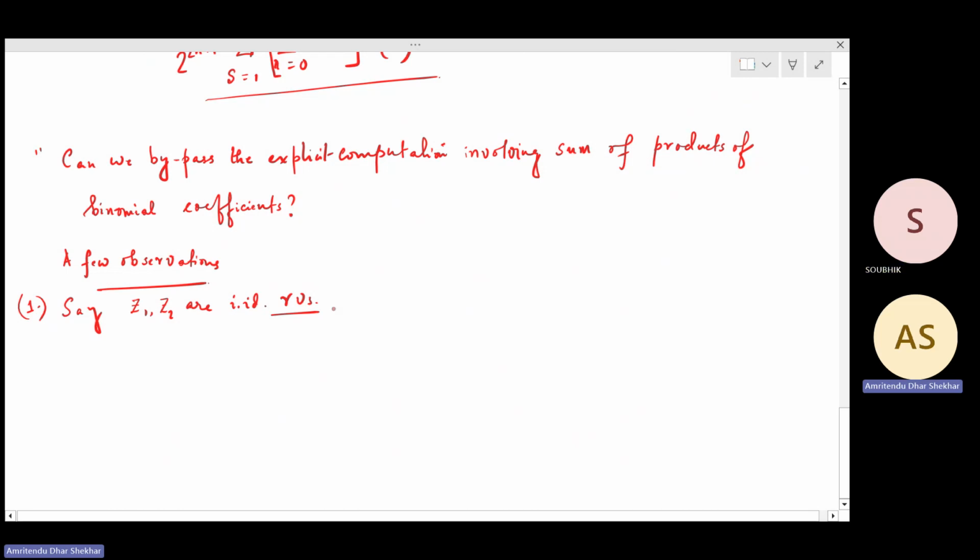Assume that they're discrete, Z1 and Z2 both discrete. So the first observation is that the probability of Z1 being smaller than Z2 is equal to the probability of Z2 being smaller than Z1.